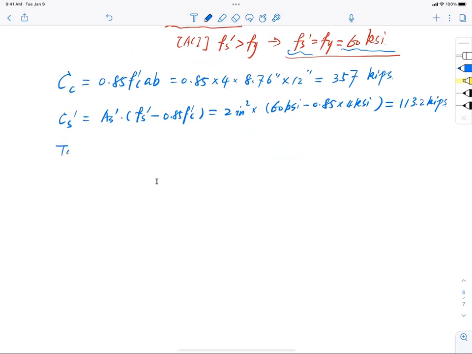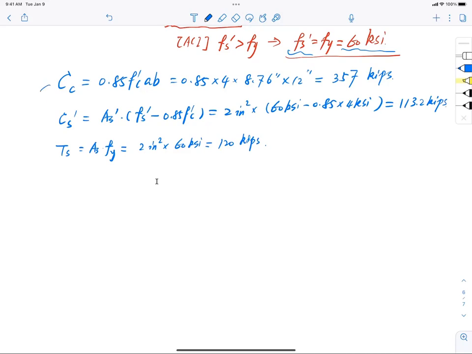Now for the tension, Ts will equal As Fs. Knowing that it is a balanced failure, Fs equals Fy. Why? Because it has yielded. So 2 number 9 bars, 2 inch squared, multiplied by 60 ksi of yield strength, produces 120 kips of total tension force.